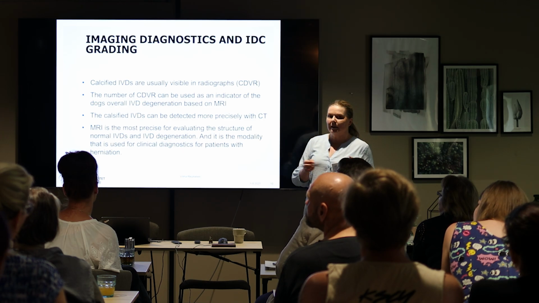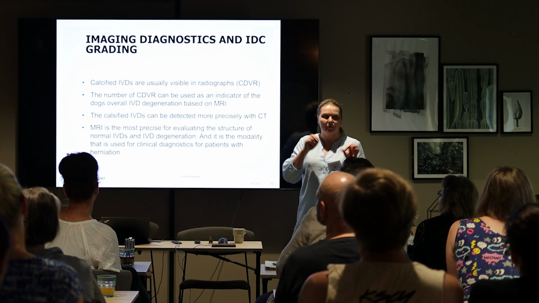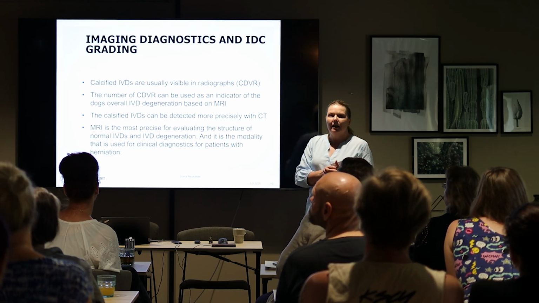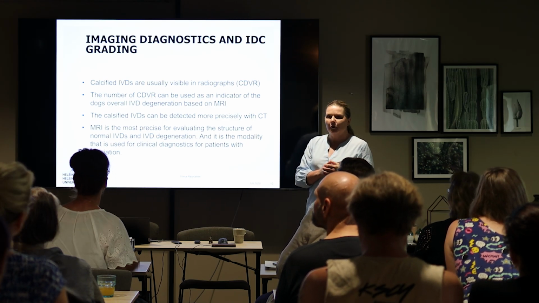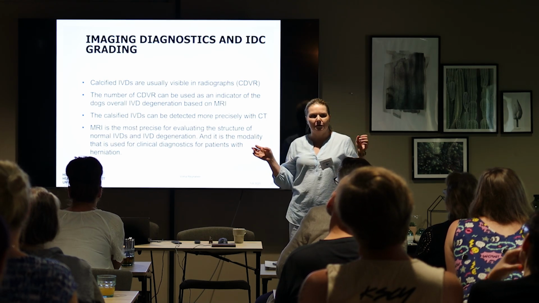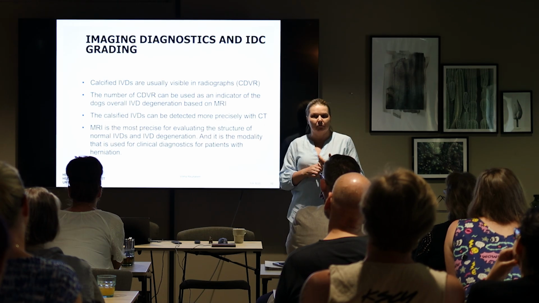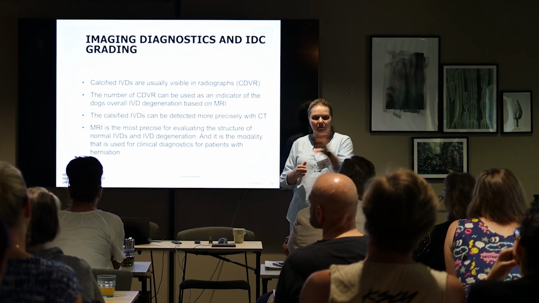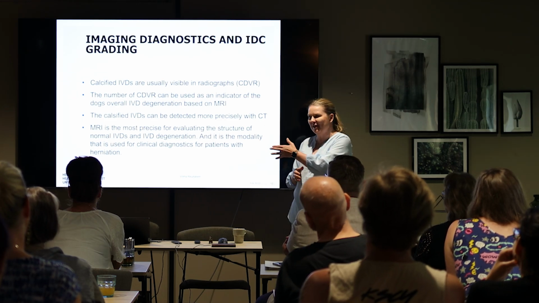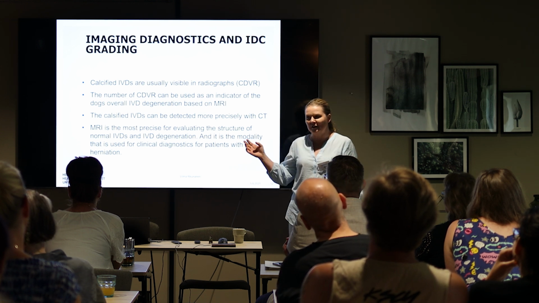If we do it with computed tomography, we could see much more, very tiny calcifications, but I don't think that's the method for screening breeding dogs, to image the whole spine with computed tomography, because the radiation dose is quite big when you image a healthy dog from almost the tip of the nose to the tail.